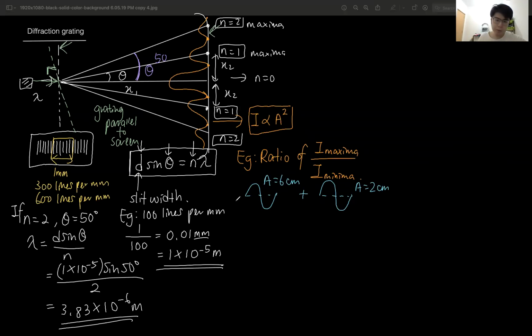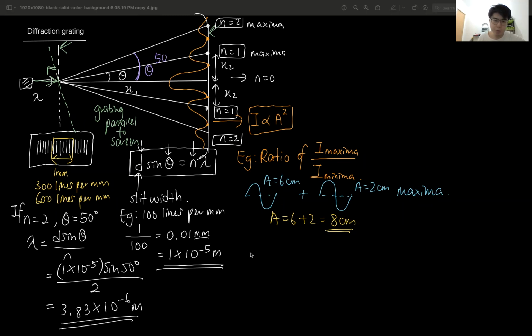When they arrive at the maxima, this is where constructive interference takes place. So to calculate the intensity, you total up the amplitudes because the two superimpose. 6 plus 2 is 8 cm. This is the total amplitude at the maxima.